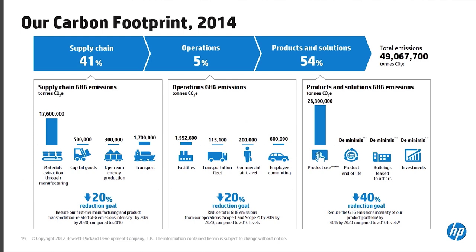If you're doing printers and computers that are using a lot of paper, using a lot of power, that's where much of the carbon footprint comes. For something like the building products or the office products that Thaddeus mentioned, use phase probably isn't as much. The impact is much, much more on the production side. So by doing these LCAs, it allowed us to understand across the company where our impacts are so that we could set the reduction goals appropriately.